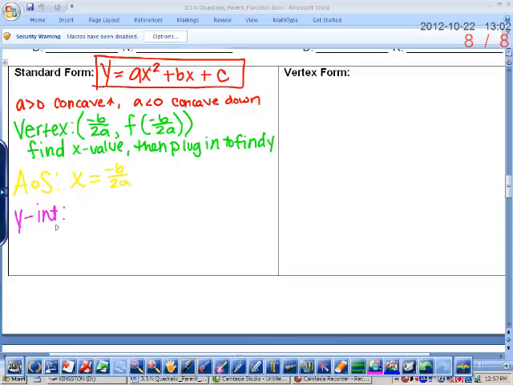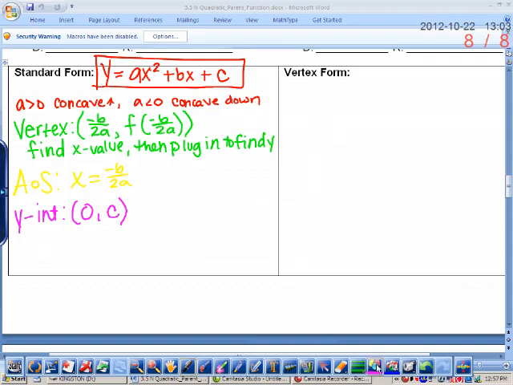Okay. How do we know that that's where it crosses the y-axis? What do we plug in to find a y-intercept? 0 for x. And if we plug in 0 for x, doesn't this go away and that go away? So what's all we're left with? C. So our y-intercept is always at 0, c. That's the one that's really easy to figure out. The vertex is challenging to figure out from this one.